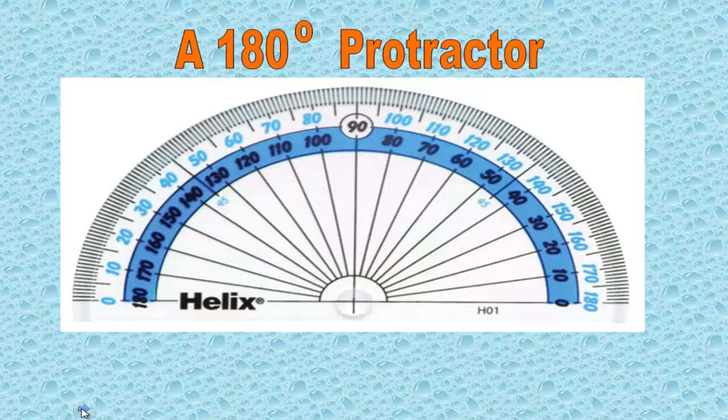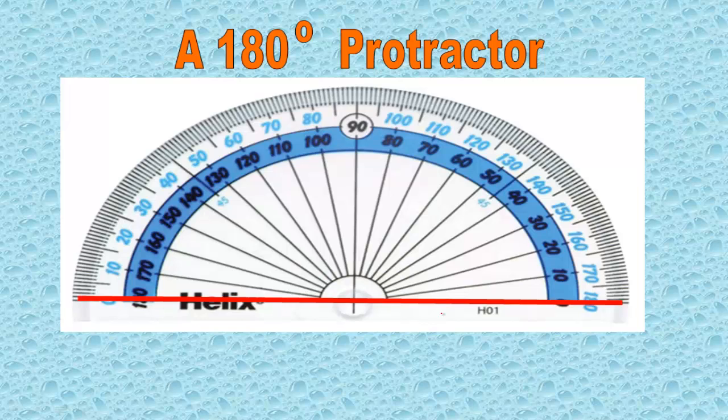And here's a protractor, and it's a 180-degree protractor. Notice that there's an inside scale that increases from right to left, and we have an outside measurement which increases from left to right. I'm going to show you how we're going to use this to measure angles.